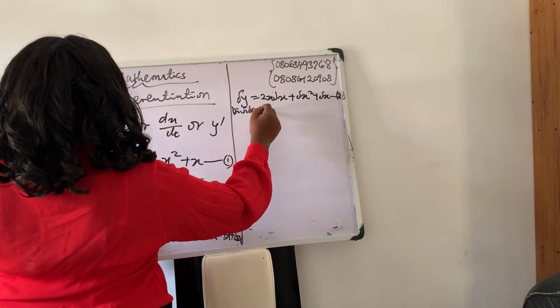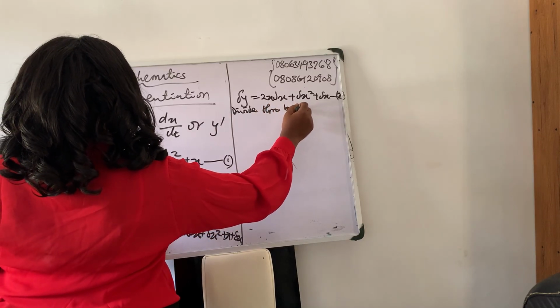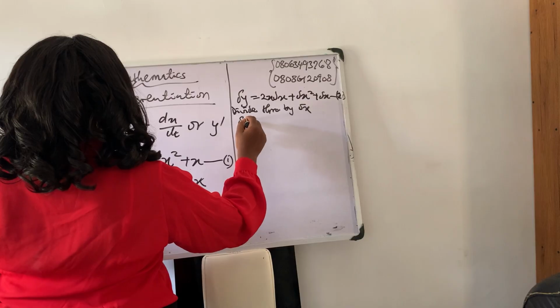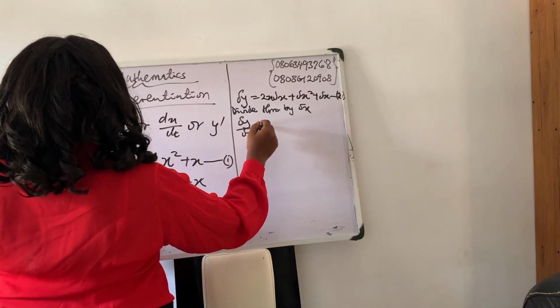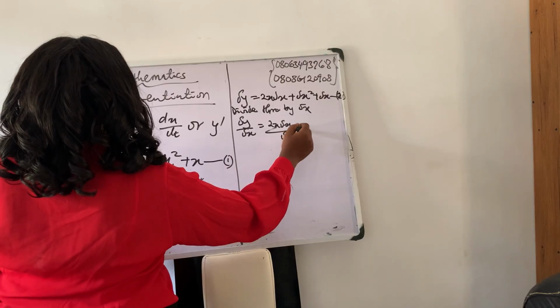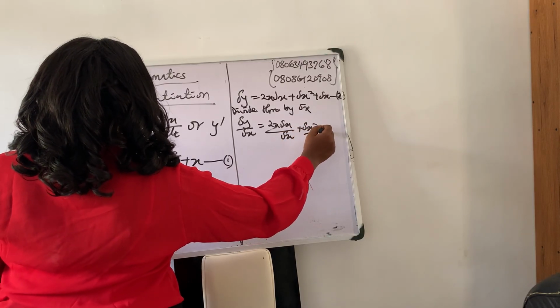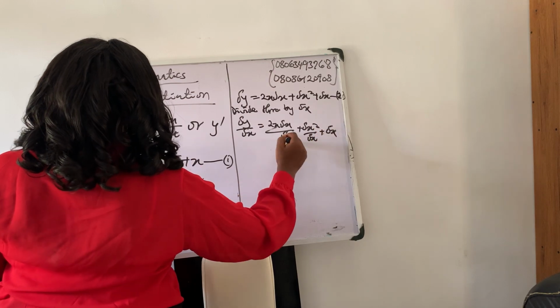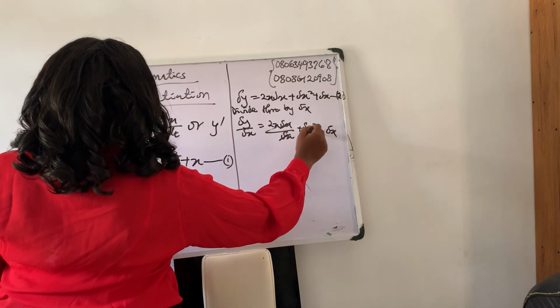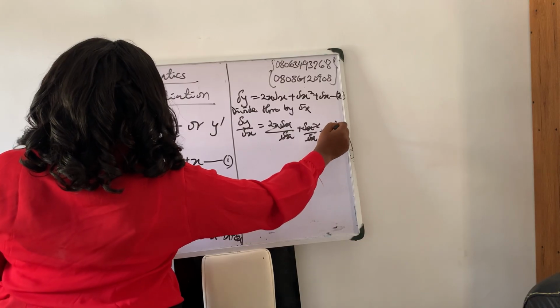Now at this point, what do we do? Divide through by dx. So it becomes dy/dx equal to 2x dx all over dx, plus dx squared all over dx, plus dx over dx. This dx into dx is 1.